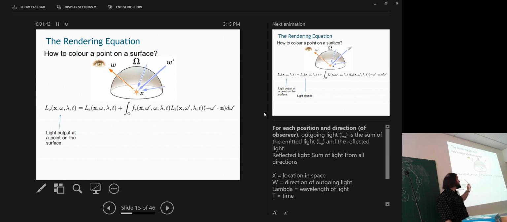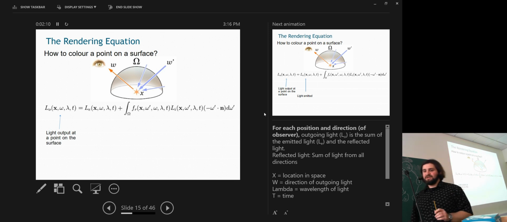So lambda is wavelength because, for example, from this point we can have absorption for red wavelengths and reflection for green wavelength. So it's important to have the wavelength. This is just time, so like for a given time point. So if we change this one, then the stuff might change there. So we have location, observation angle, wavelength, and time.